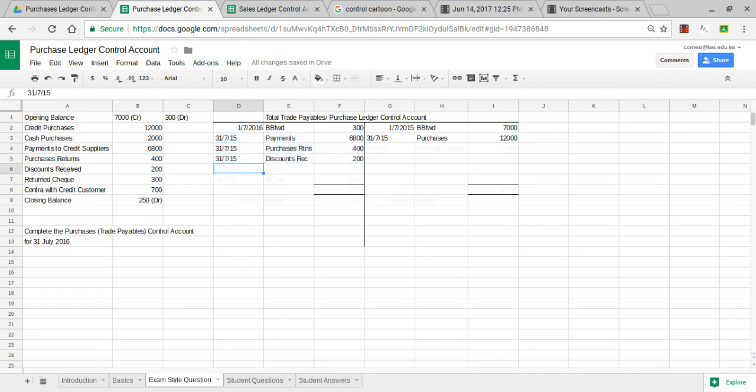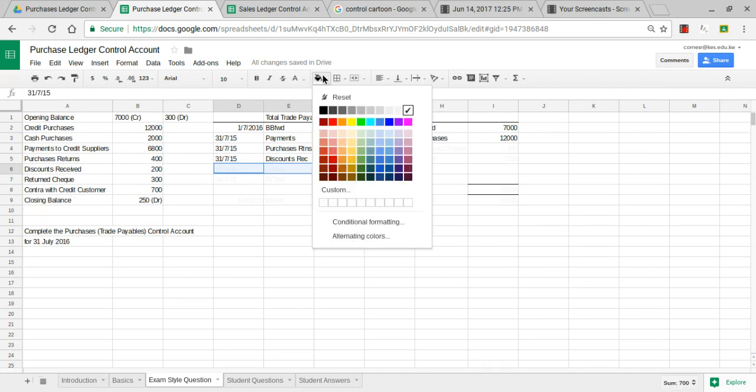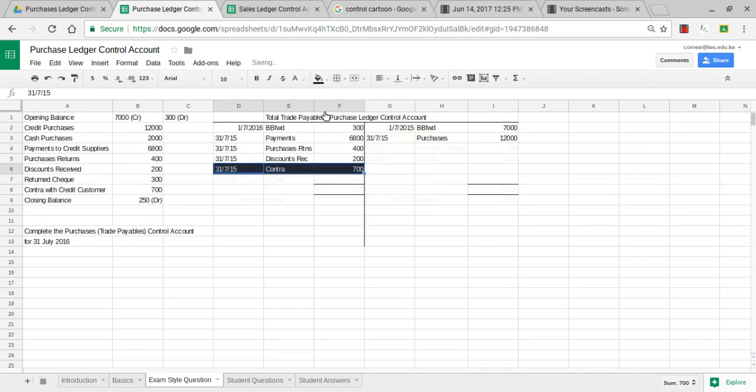In this case, the contra was for 700, and it goes on the debit side of the purchase ledger control account or total trade payables account because it's reducing the amount of money owed to the suppliers. In the same way, it goes on the credit side of the sales ledger control account because it's reducing the amount that person owes as a customer.